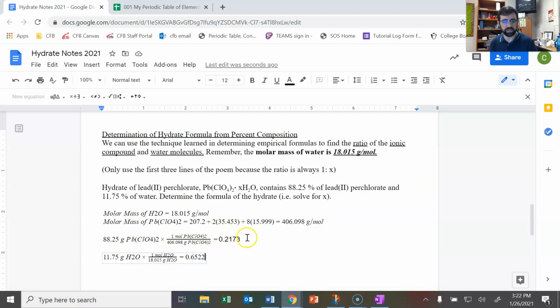Well, the smallest one is PbClO4, which makes sense. We're going to divide by that number. We're going to divide both of them by that number.